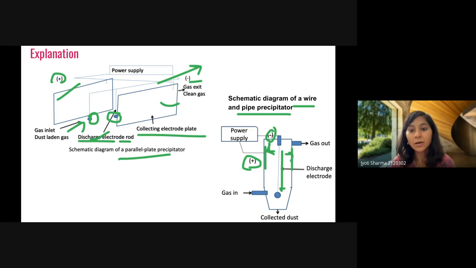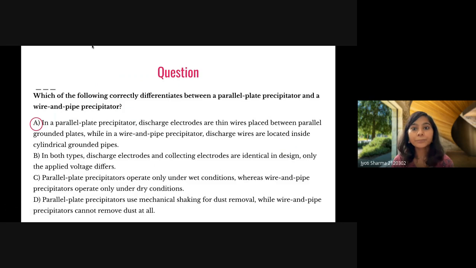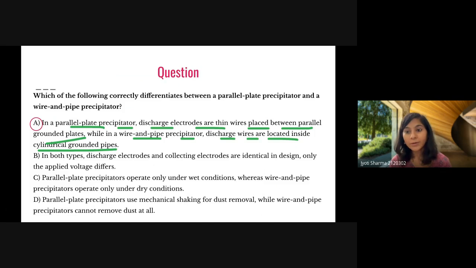So this is wire and pipe precipitator. Now coming to the options that we had. So in parallel plate precipitator, discharge electrodes are thin wires placed between parallel grounded plates, while in wire and pipe precipitator, discharge wires are located inside the cylindrical grounded pipe. And that's what I showed you.